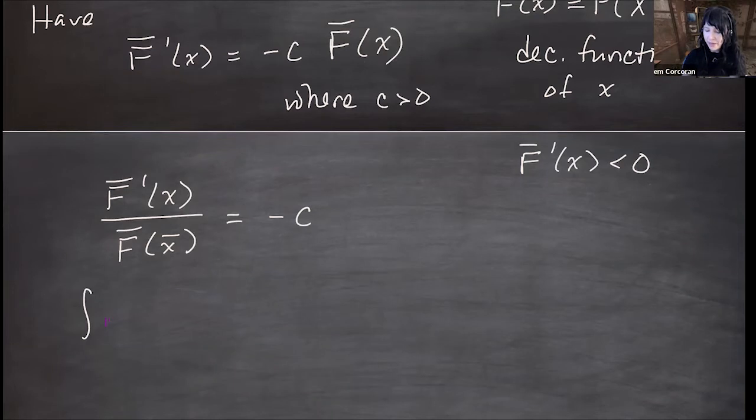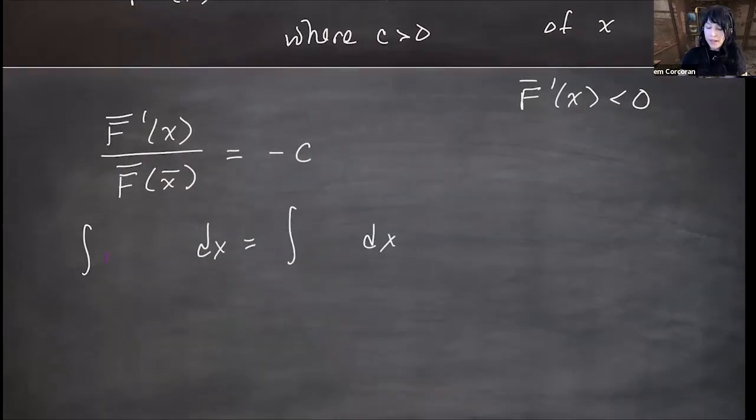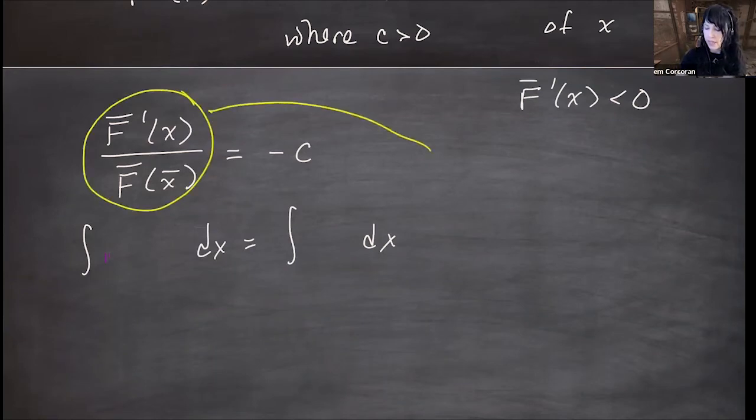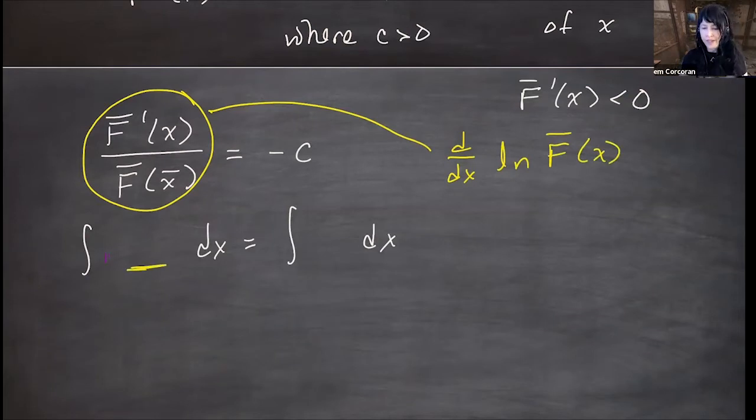So on the left, we've got the derivative of the log of F bar x. So if you're integrating the derivative, you're just going to get that log back.